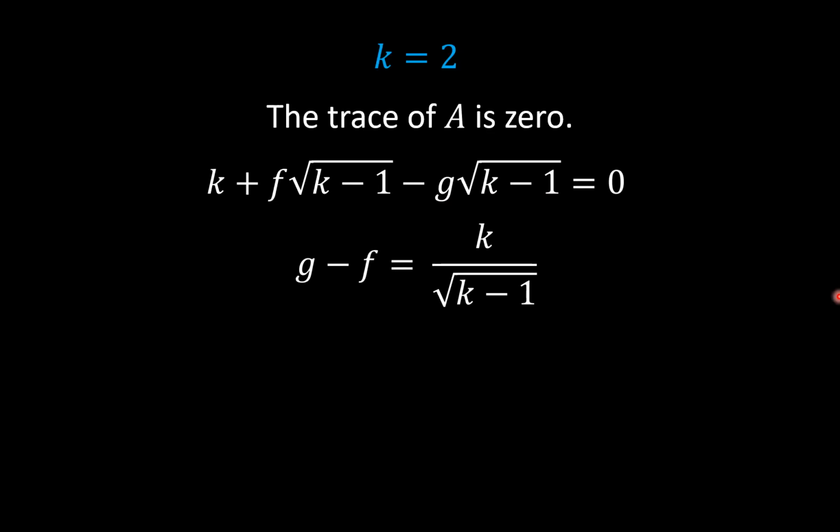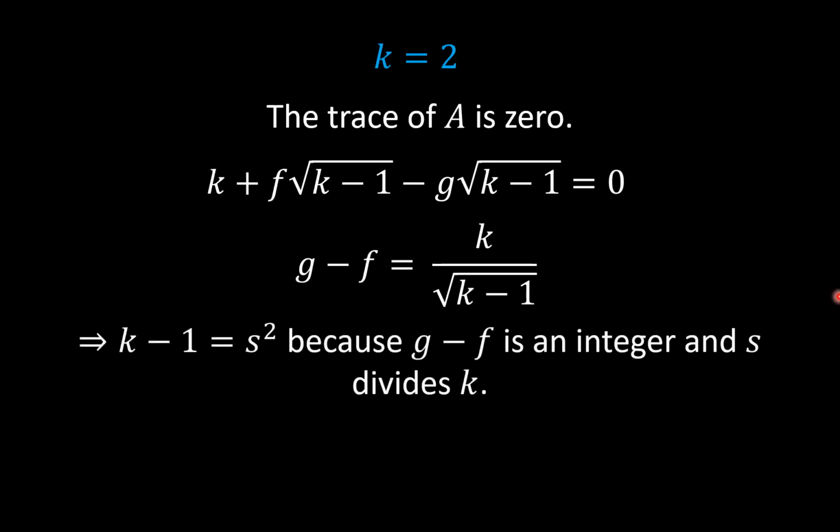It is the dimension of corresponding eigenspaces. With that information, we know that k minus 1 is a square number, say s squared. And because g minus f is an integer, this s must divide k. Okay. From there, we conclude that the only such s with this property is 1. And so, plugging 1 back into this equation, we get that k is 2.